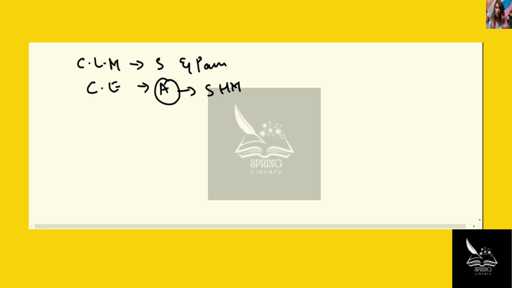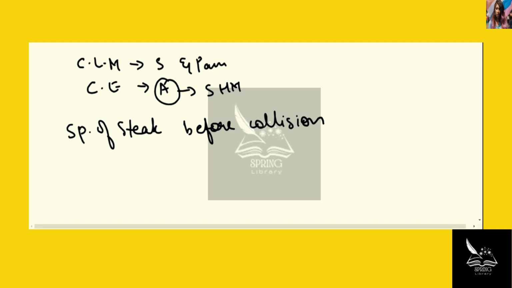So, to find the speed of the stick before collision, this is what we have to find. Let us consider that to be Vy. For that, we are taking a coordinate system where plus y is downward.